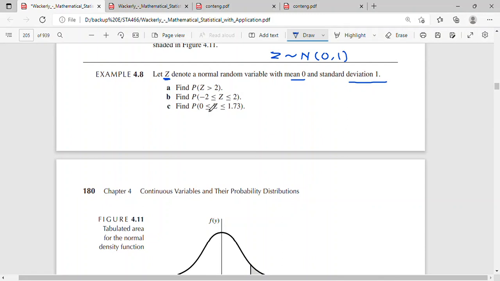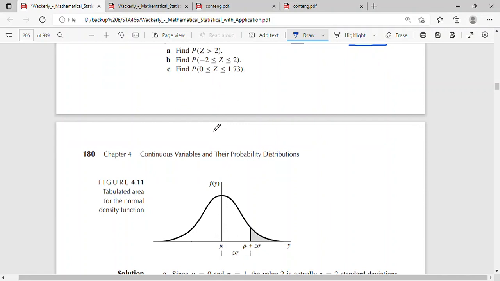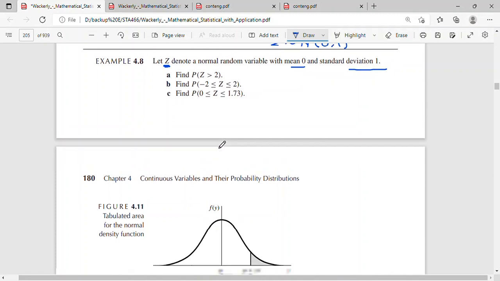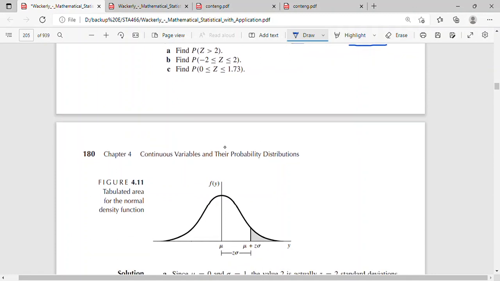Kalau you ingat kan, table normal ni dia akan ada satu side sahaja kan, sama ada side positif ataupun negatif. Tapi disebabkan bell shape ni ianya adalah symmetrical. So contohnya bahagian di sini kita cari nilai probability di sini sama dengan probability di sini.